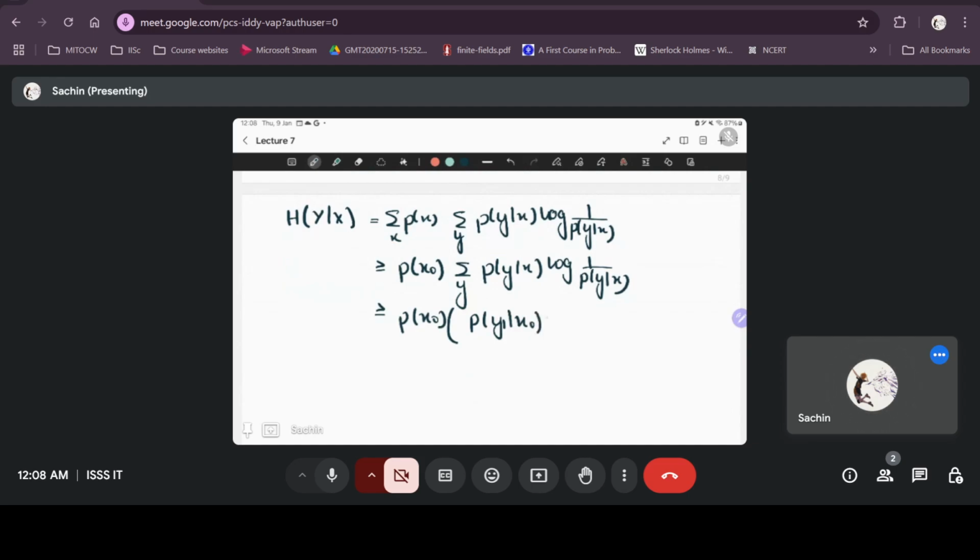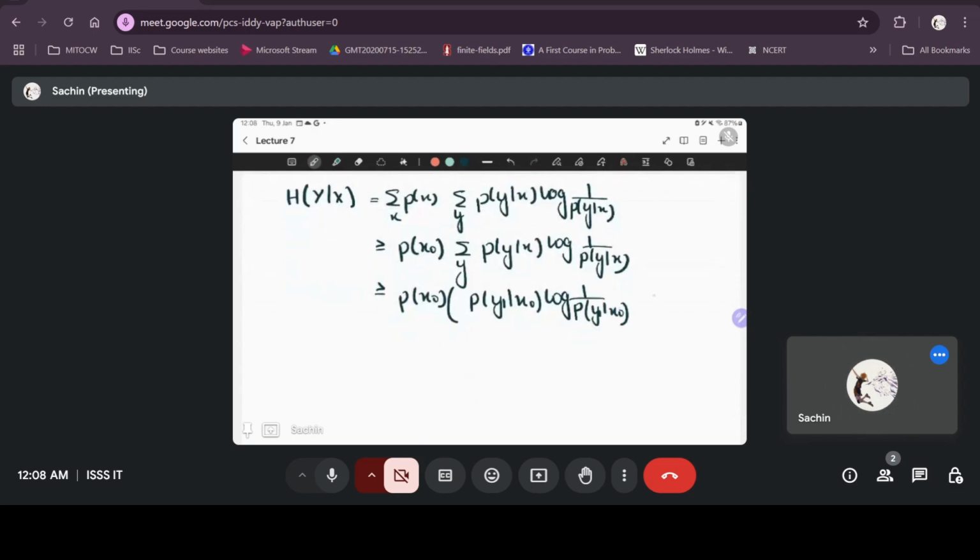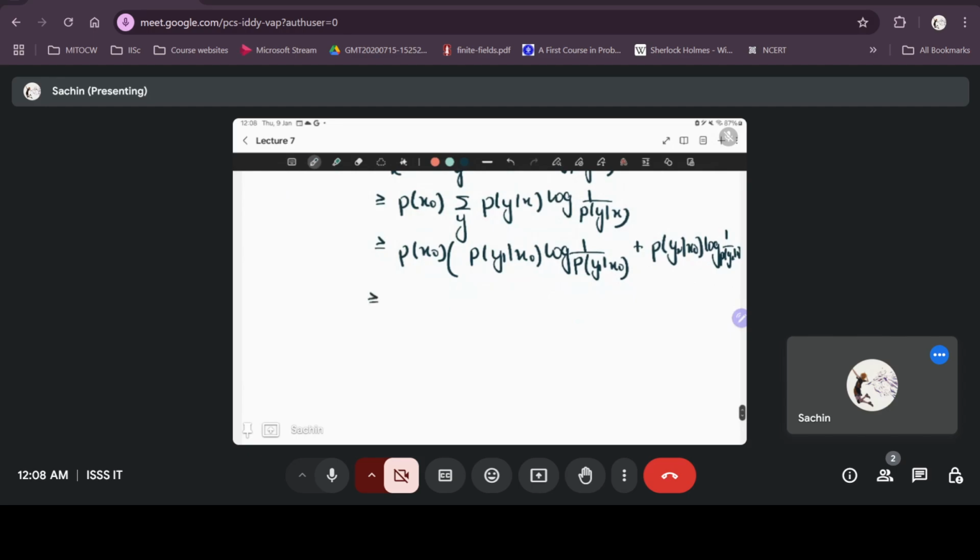So this is greater than or equal to p of x0 times p of y1 given x0 log of 1 over p of y1 given x0 plus p of y2 given x0 log of 1 over p of y2 given x0, which is actually greater than 0, because each of the terms, p of x0, p of y1 given x0, log of 1 over p of y1 given x0, p of y2 given x0, and log of 1 over p of y2 given x0, is greater than 0.